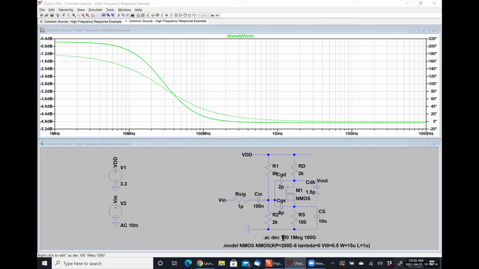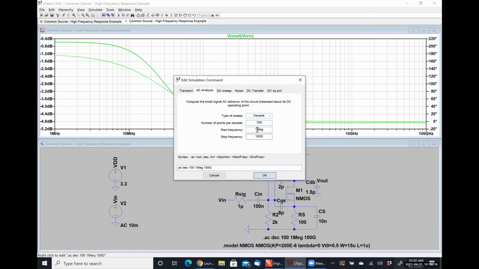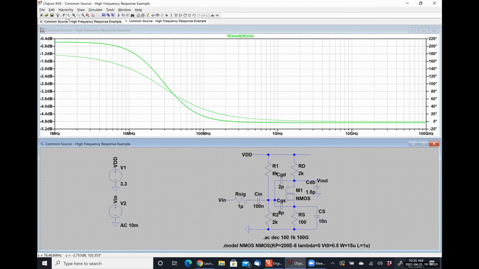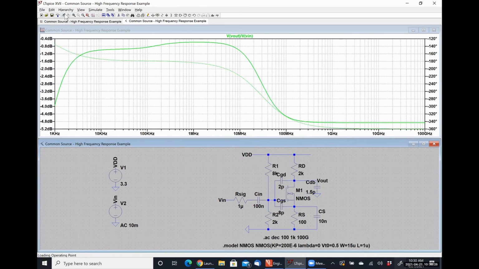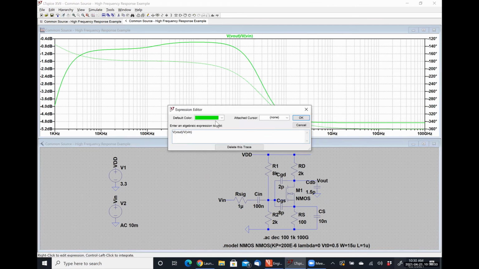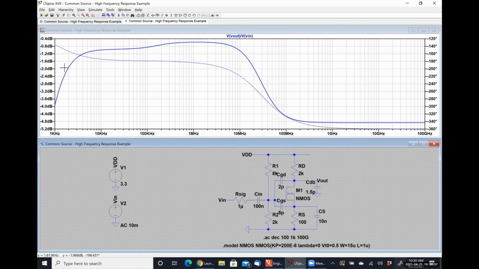I need to back this off actually, because I'm starting it at 1 megahertz. So let's start it at 1 kilohertz. And let me make it not blue so that you guys can see what's going on. All right. So this region around 1 kilohertz is where our C-in capacitor is going from an open circuit to a short circuit. Then we have that pole that we talked about earlier.